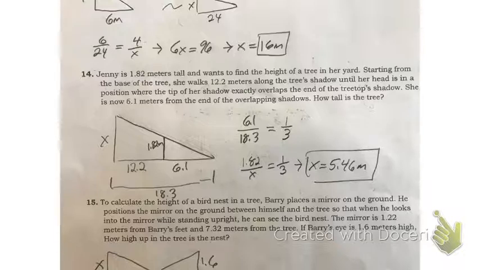Starting from the base of the tree, she walks 12.2 meters along the tree's shadow until the tip of her shadow exactly overlaps the tree's shadow. Her shadow is right here. The tree's is this total thing. She also figured out that the distance from her to the tip of her shadow is 6.1. That creates our two similar triangles, where 6.1 corresponds to 12.2, the same way 1.8 corresponds to our x value.